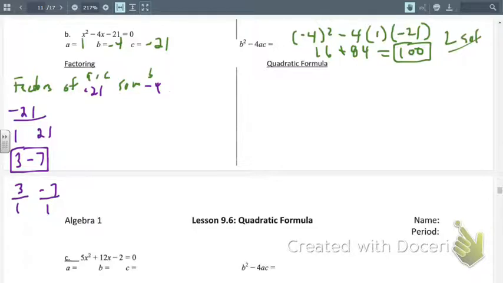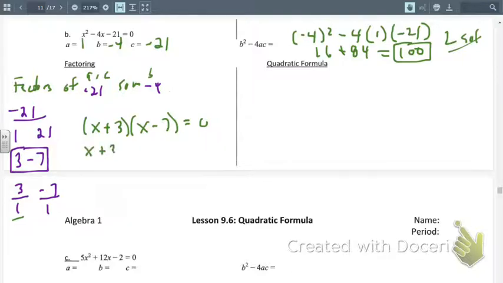And now we're ready to put it in factored form. We pair that 1 with an x, so 1x plus 3, and then 1x minus 7, and that equals 0. Then set both factors equal to 0 and solve.